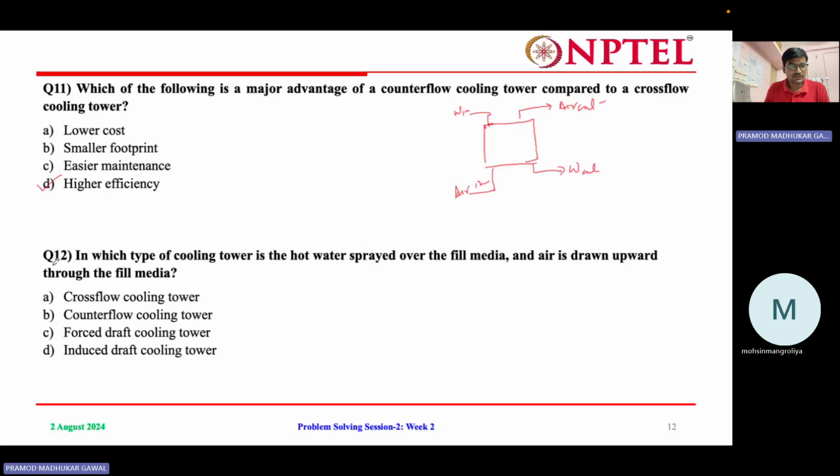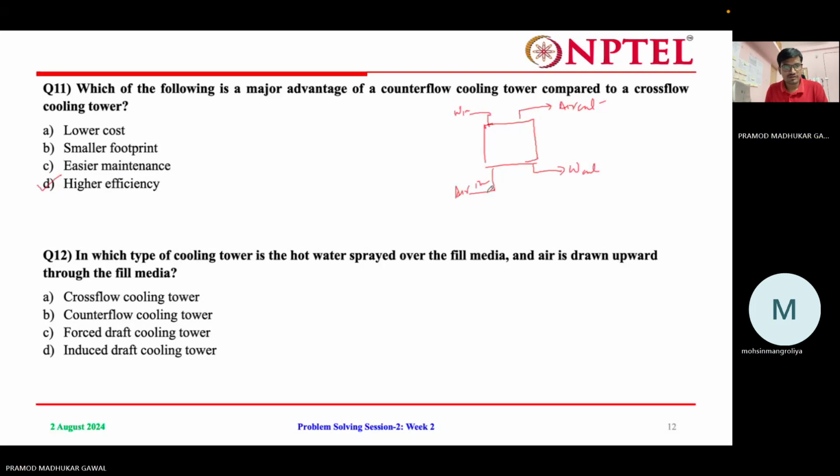Question 12: in which type of cooling tower is hot water sprayed over the film media and air is drawn upward through the film media? It was already explained here. Cross flow?